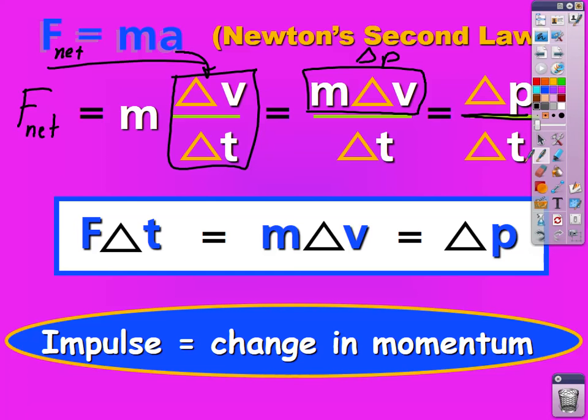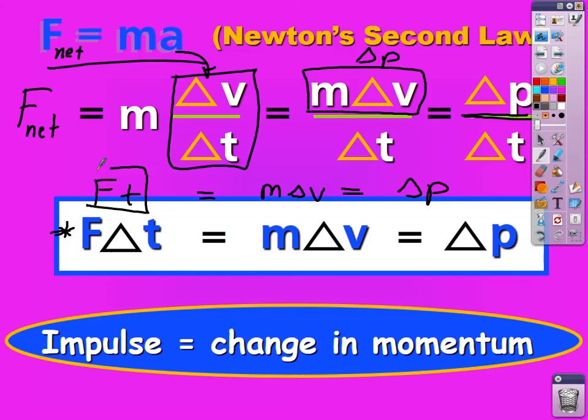What Newton actually did is he multiplied time out of the denominator, as you see here. So we have force times time. We usually just ignore the delta t, the delta symbol. So usually it's just F times t, force times time, which equals mass times change in velocity, which equals a change in momentum.